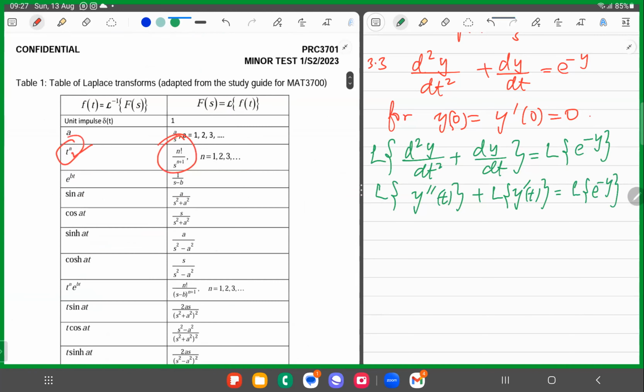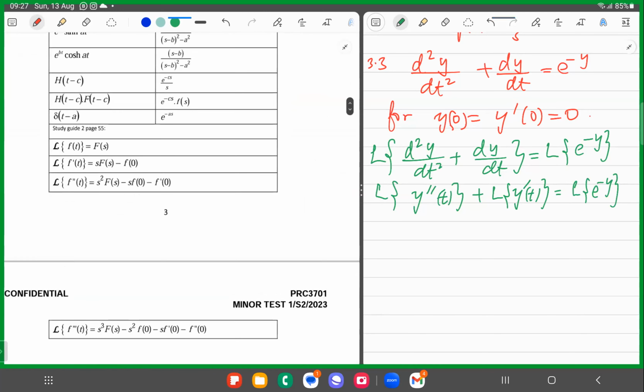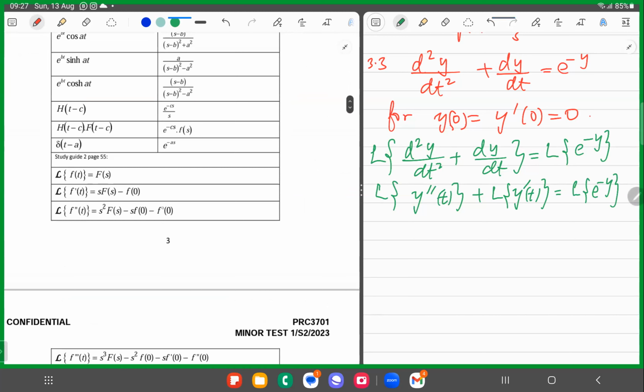Okay, we use the table now. Use the table. So this one here is what we use for the double prime. So it means that the Laplace transform of the double prime for the differential equation is s squared F of s, because it is f in the question, but here we're going to use y. So it's going to be s squared y of s, minus s f of 0, minus f prime of 0, plus. What is the first derivative? Okay, it is the one at the top.